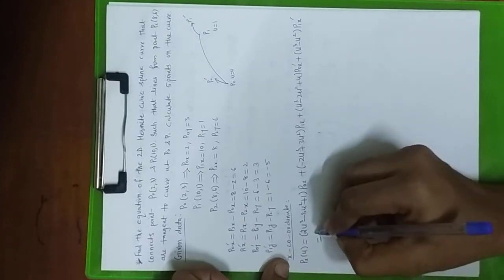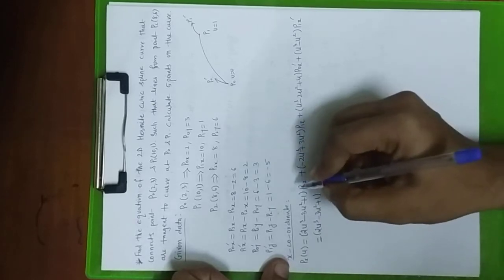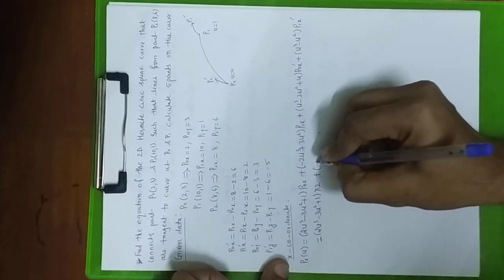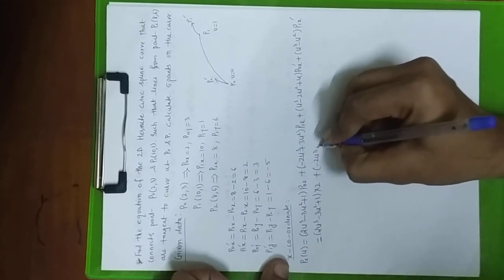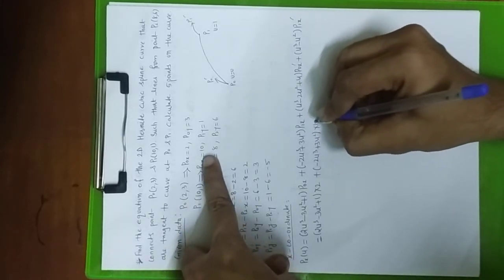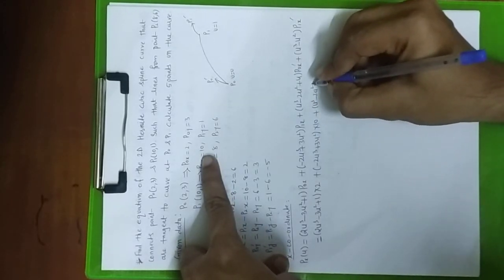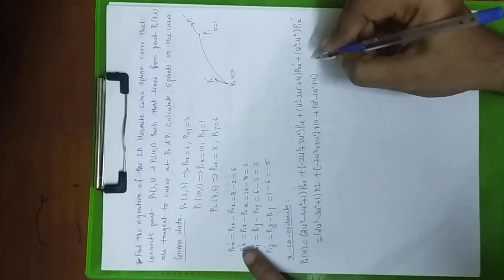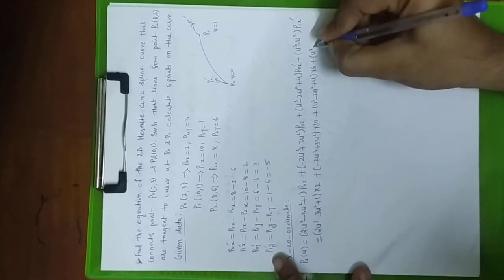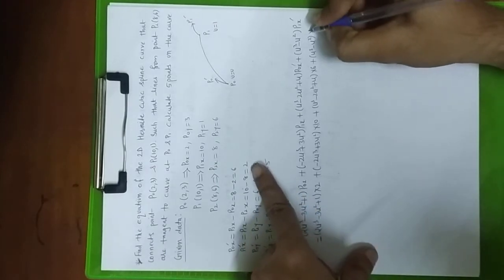So this is equal to (2u cube minus 3u square plus 1) times P0x, which is 2, plus (minus 2u cube plus 3u square) times P1x, which is 10, plus (u cube minus 2u square plus u) times 6, plus (u cube minus u square) times P1x dash, which is 2.